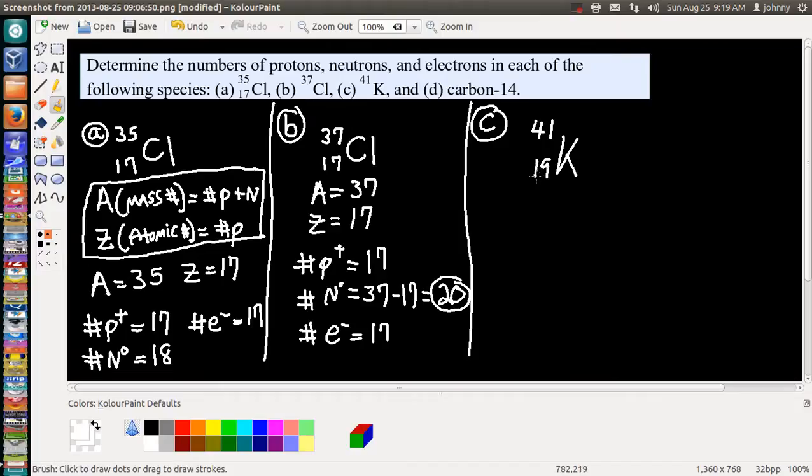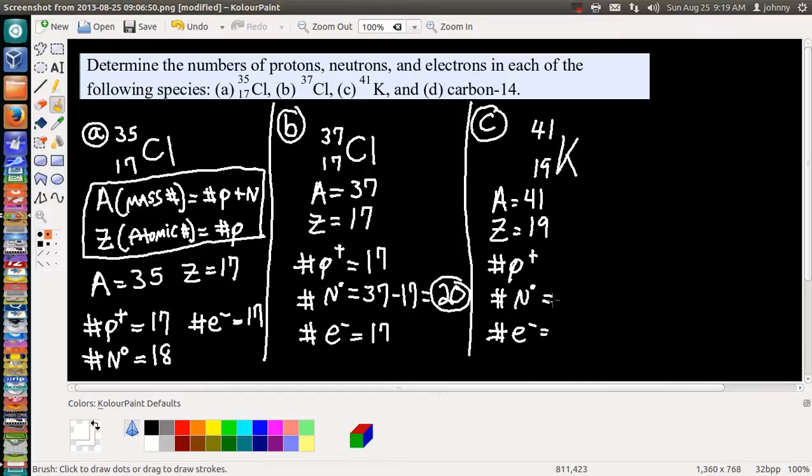Now, what do we know? Well, we know our A value is 41, which is our mass number. We know our Z value is 19. And from these two numbers, we will calculate the number of protons, the number of neutrons, and the number of electrons.